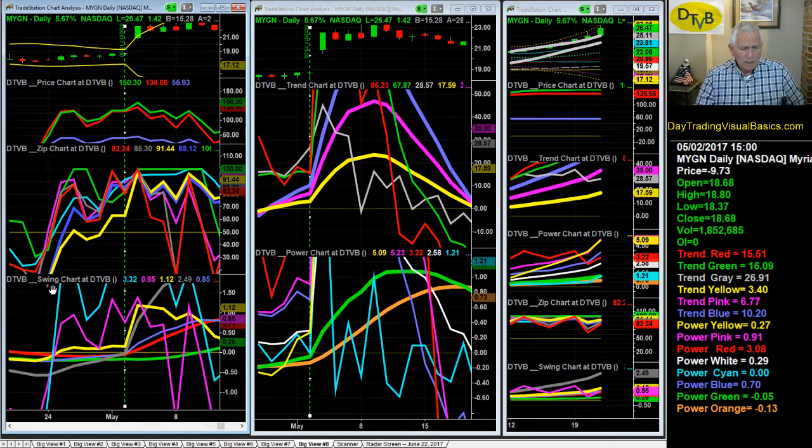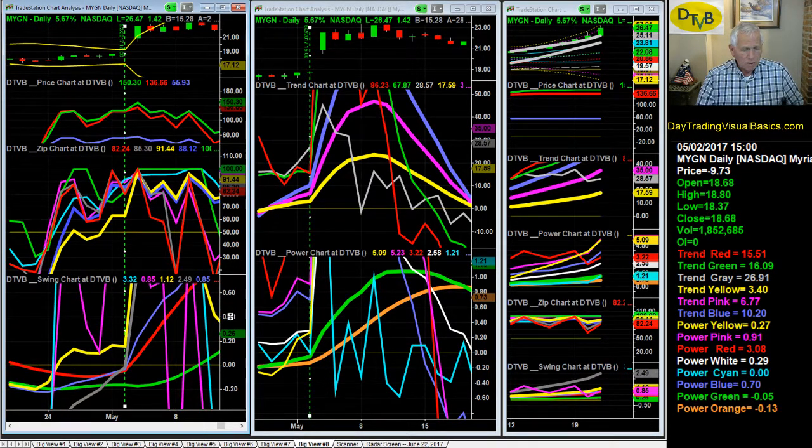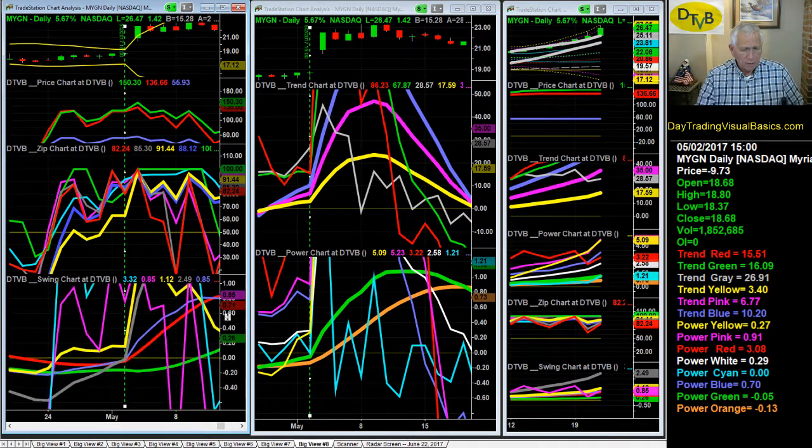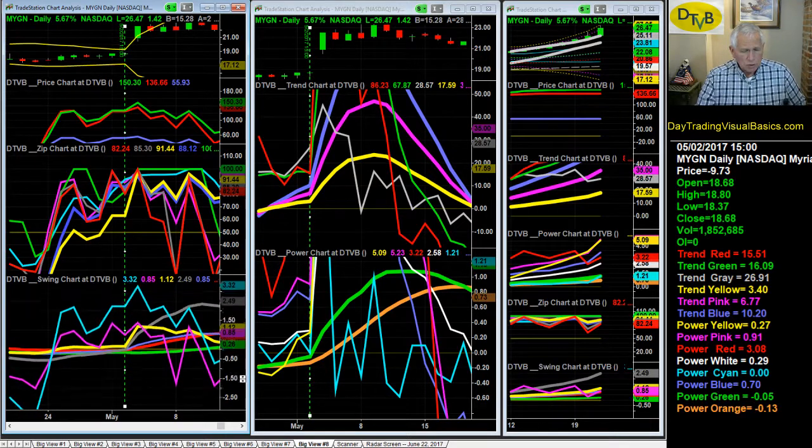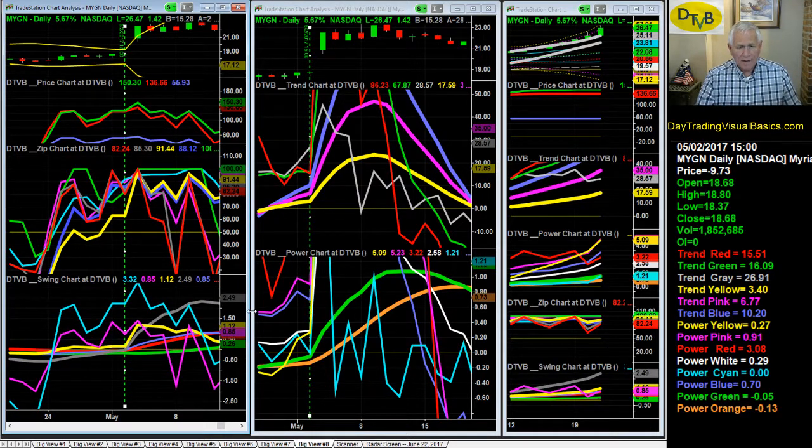You've got swing pink in a right leg W. You've got swing yellow in a smaller right leg W, but it's still a right leg W. Now here's one important factor, and I just track it in the price chart, and that is when price red and green are equal 2 days, which they are today. Price green is at 127.07, and yesterday it was the same. Those 2 lines are equal.